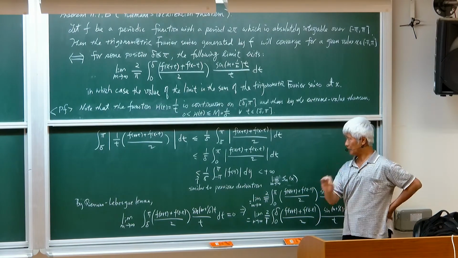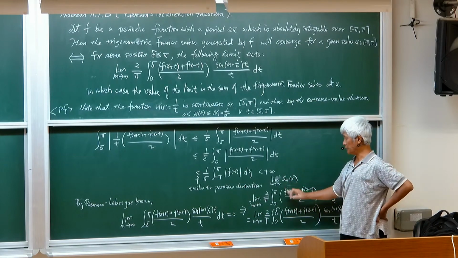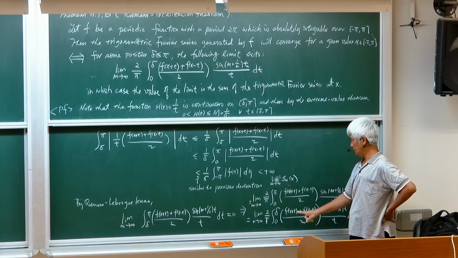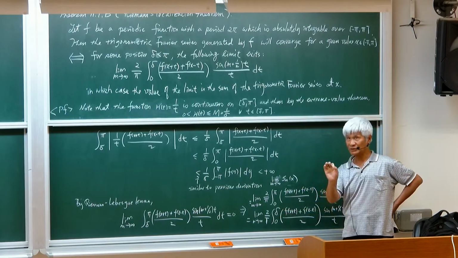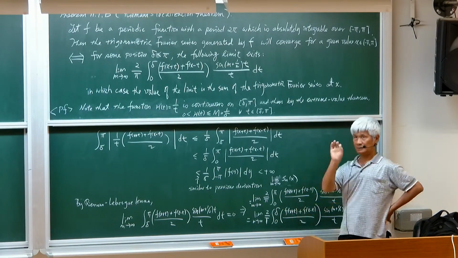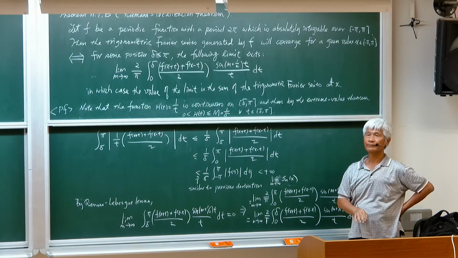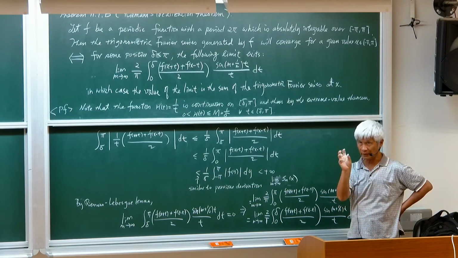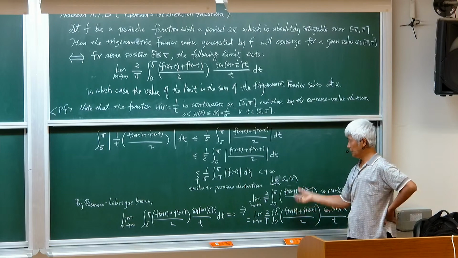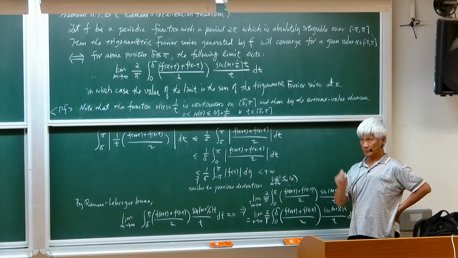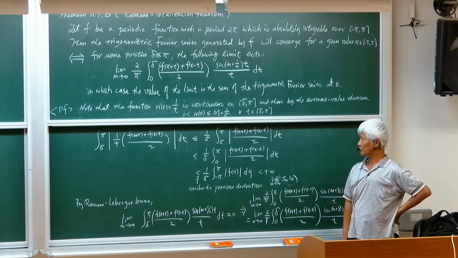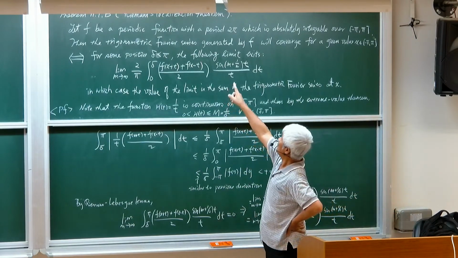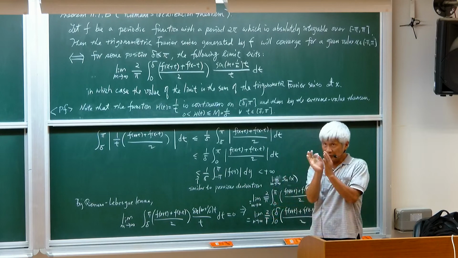So the convergence property depends on the behavior of the periodic function f at x, a very local property of the function f(x). This is called the Riemann localization theorem because it is very localized.